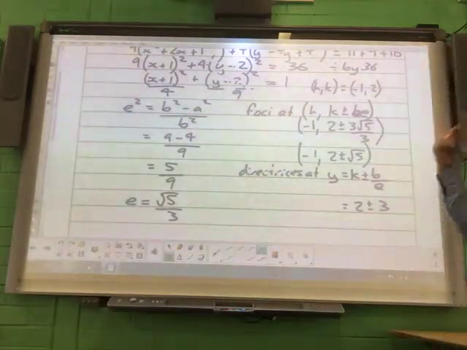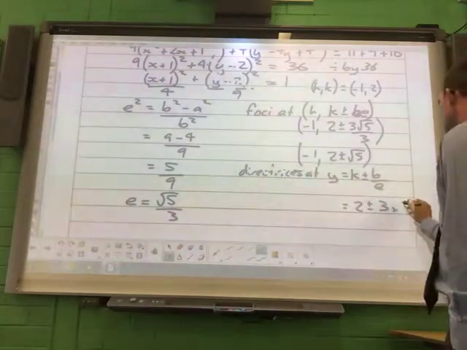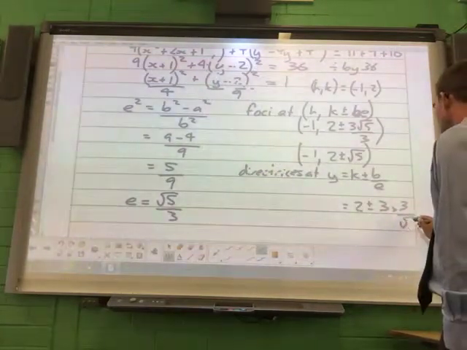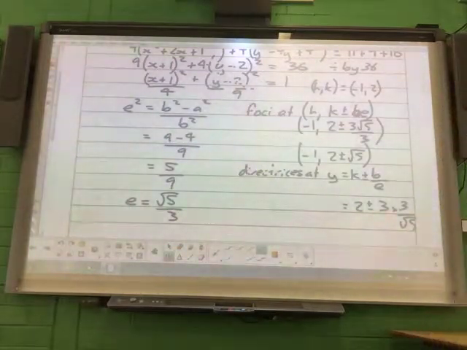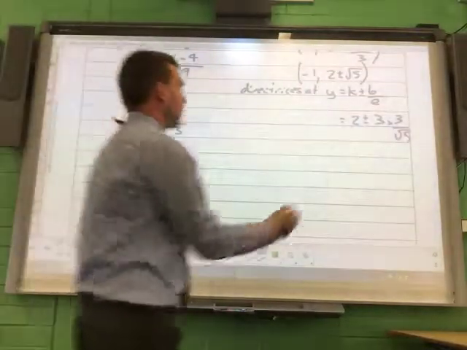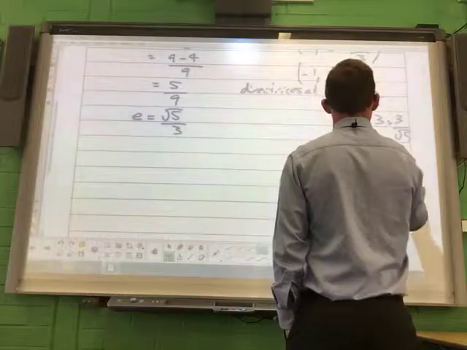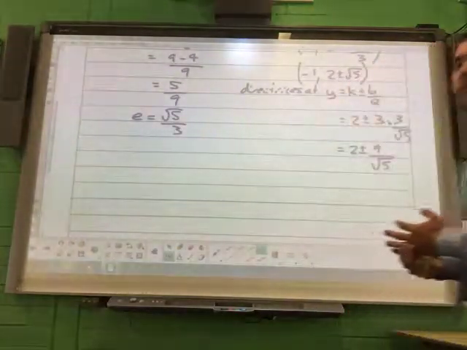Remember, b squared is 9, so b is 3, and then we're dividing by a fraction, so I'm going to multiply by the reciprocal. You don't need to formally do everything, because in Mathematics Extension 1 that is assumed knowledge from here. It's going to be y equals 2 plus or minus 9 on root 5.